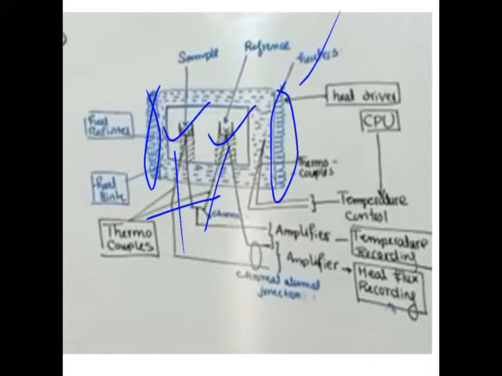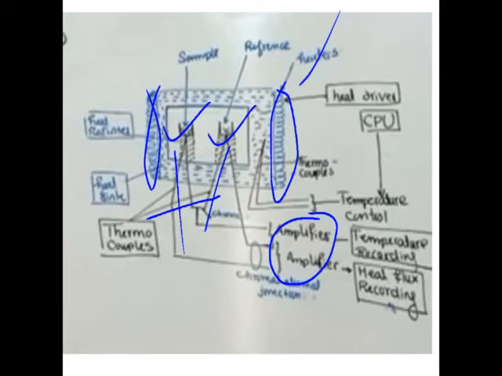These two thermocouples are responsible for measuring the temperature difference between the sample and reference. Then there is an amplifier. If any weak signals are there, the amplifier is responsible for increasing the signals. So this is how the instrumentation of the DSC takes place.